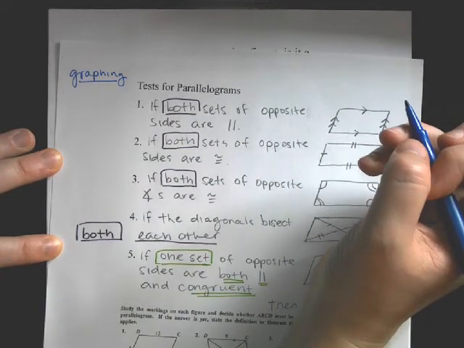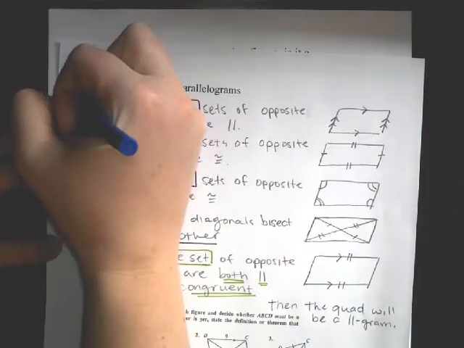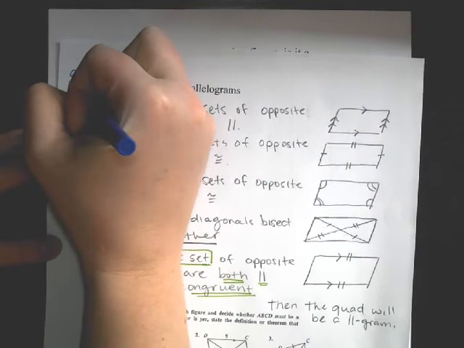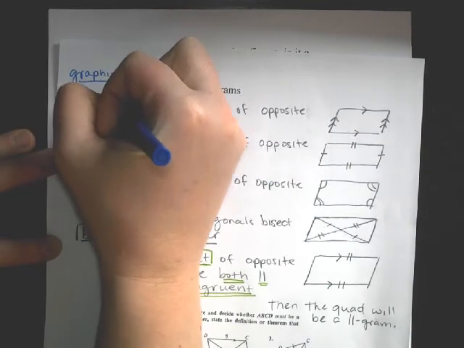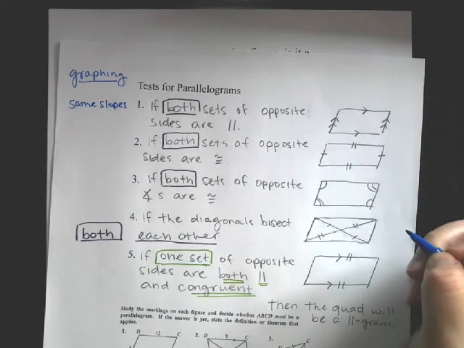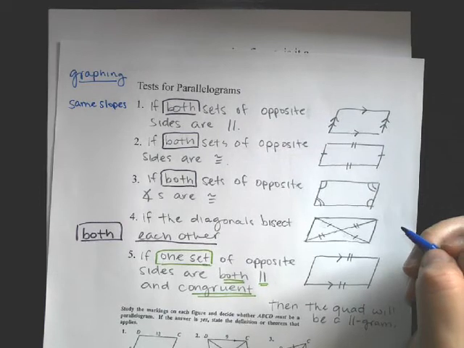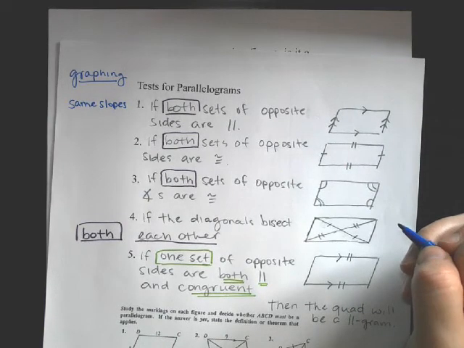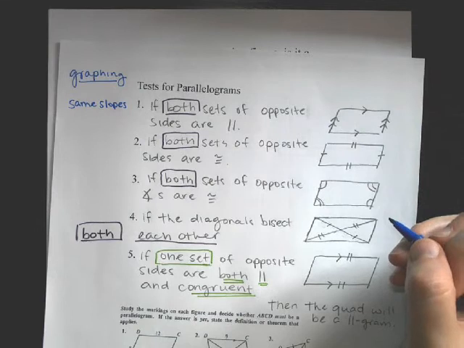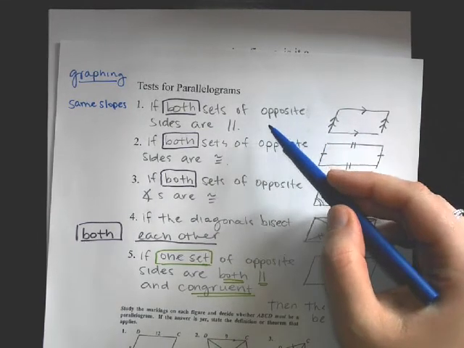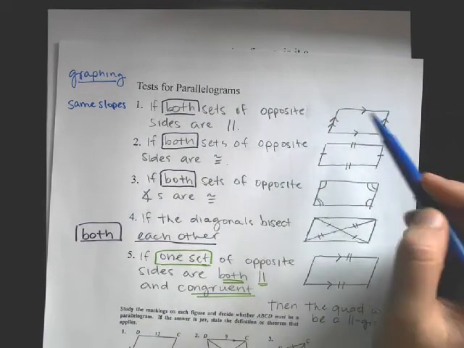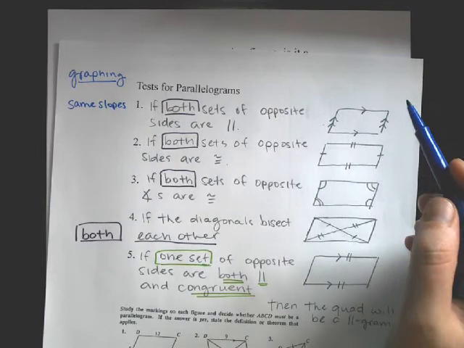The slopes would be the same. Then we'd have to do 4 slopes, I should say. Actually, as we're going back to that test, we'd have to do 4 slopes because we need to check both of the opposite ones.